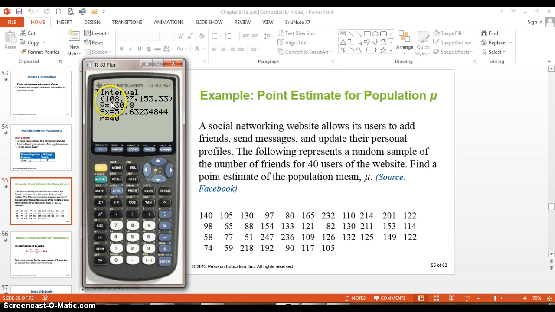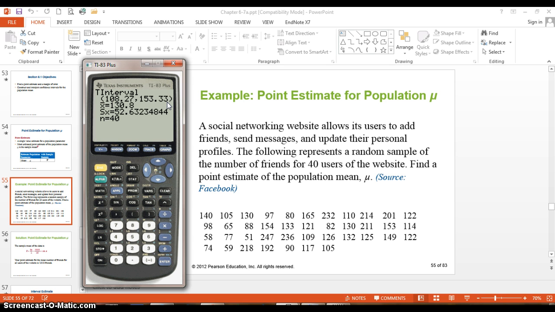So actually here our confidence interval now says we're 99% sure that the average is between 108.27 and 153.33. So the confidence interval actually gets larger as your confidence goes up. And that'll always be the case. Every time you increase your confidence, the interval will always get larger.